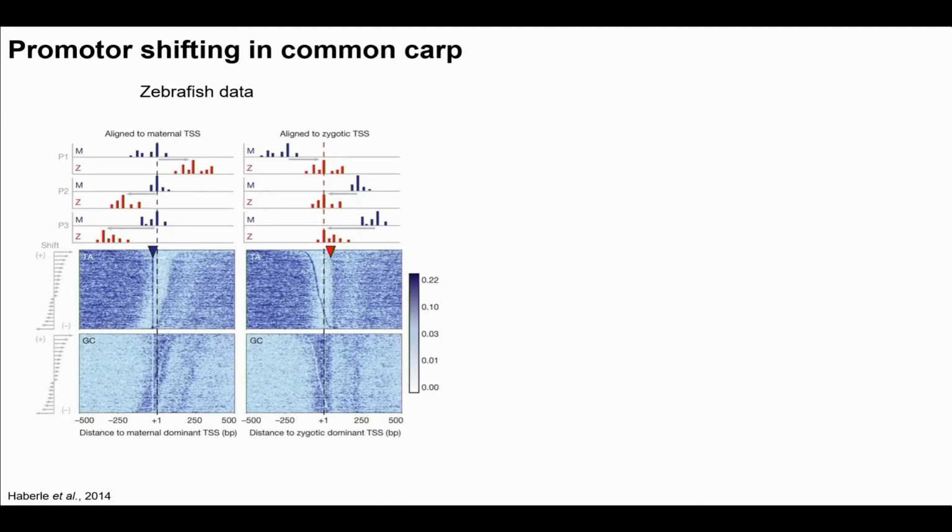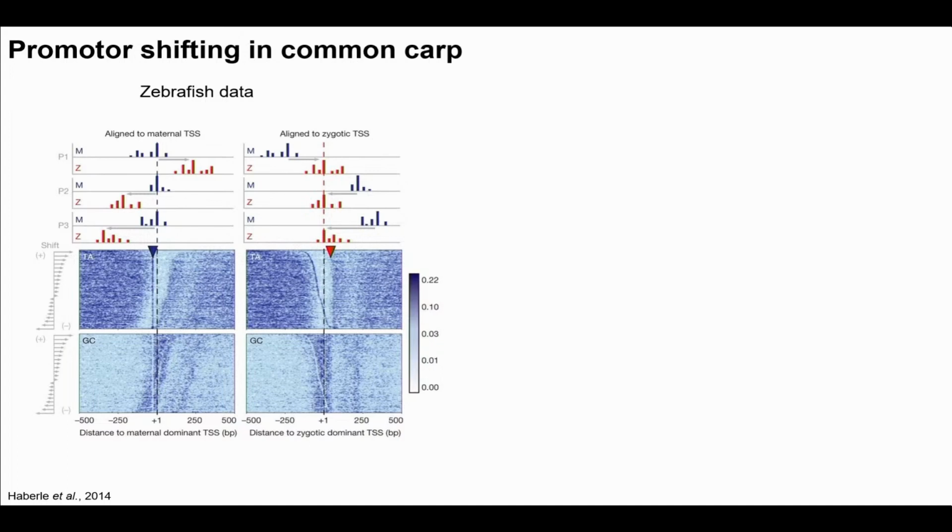If you look, each of the lines in the heat map represents one promoter, and when they are centered on the maternal dominant TSS, we can see this W box here.